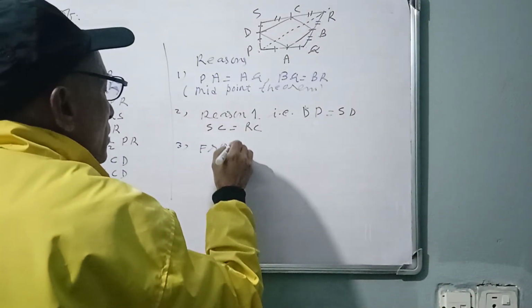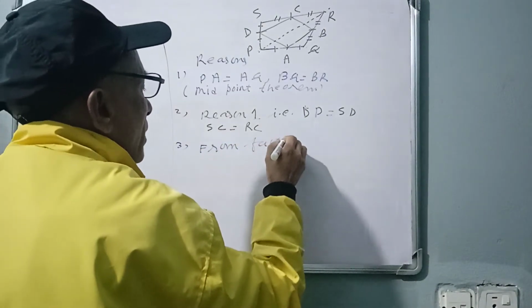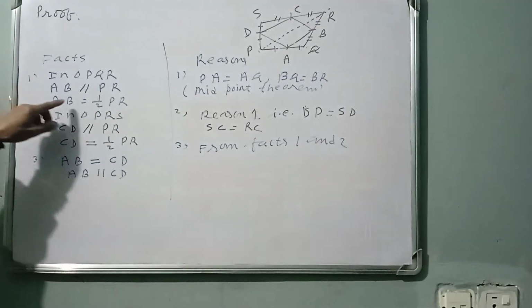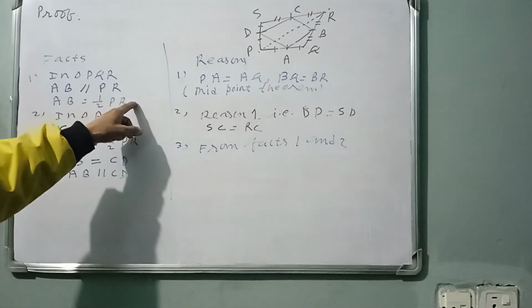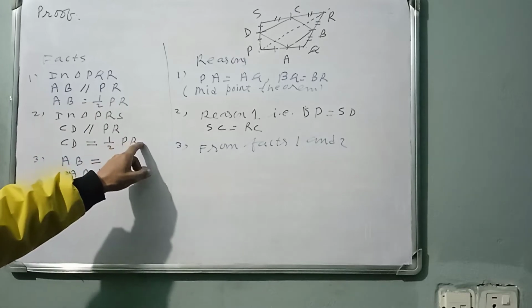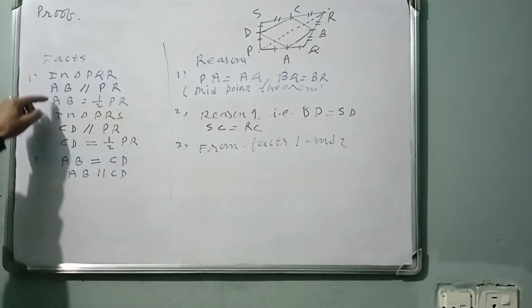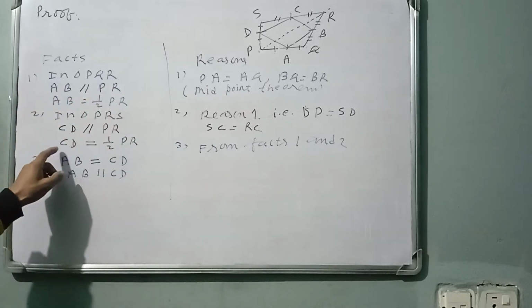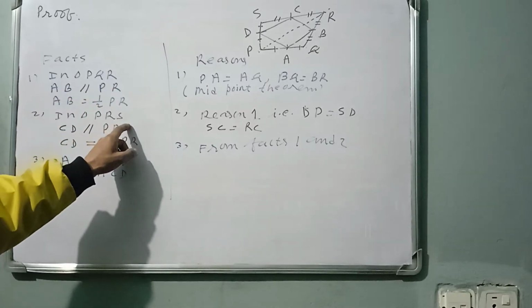From facts 1 and 2, you just see, AB is equal to half of PR, CD is also equal to half of PR. It means AB and CD are equal. AB is parallel to PR, CD is also parallel to PR.